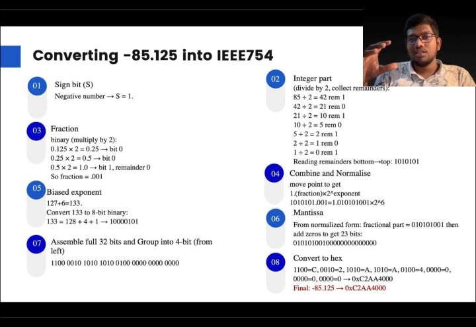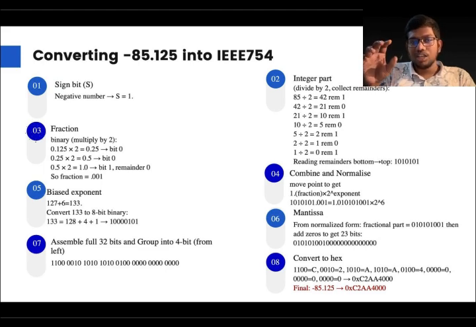The fractional part here in the number minus 85.125 is 0.125. So let's try to convert 0.125 into binary. This is a bit different from what we do in the integer part. Here in the fractional part, we multiply with 2 because it is 2 power minus 1, 2 power minus 2, 2 power minus 3, and so on. We take the integer part of the result.